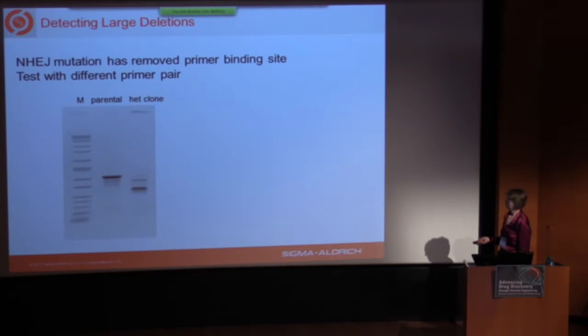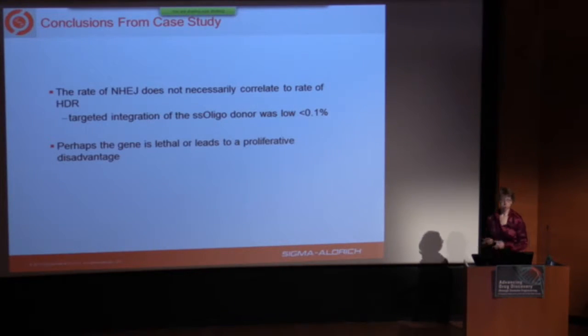So I just wanted to try to point out some of the nuts and bolts and the things that go into designing and executing a cell line engineering project, things that you may or may not have considered. And another point that we often run up against is that the gene or the mutation that we're targeting leads to a proliferative disadvantage, which makes it even less frequent to find the cell that we're interested in finding.